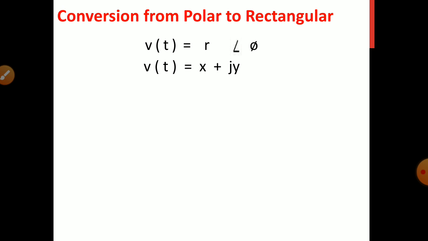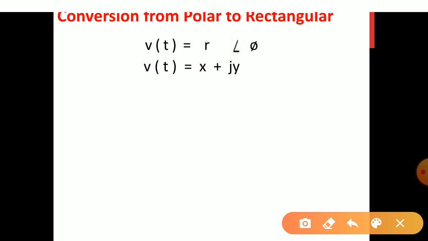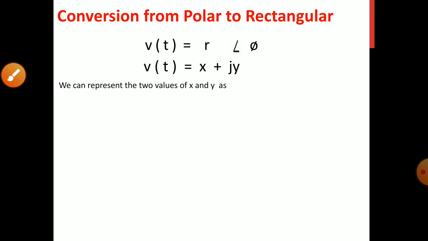So we can write the value of x as r cos phi, and y as r sin phi. So put these two values in the rectangular expression. So putting this value, we get that, from the triangle.